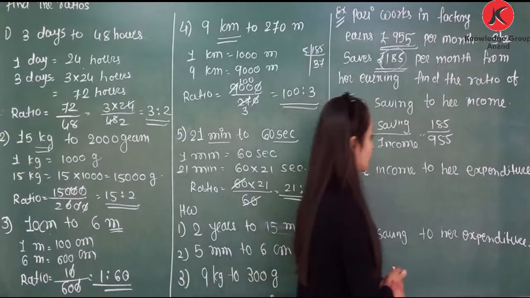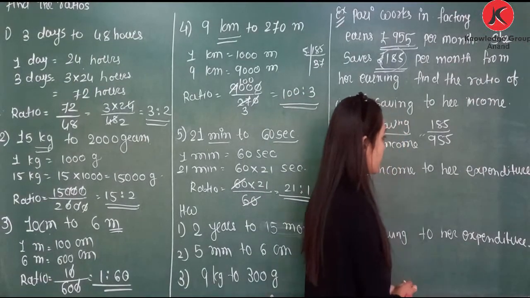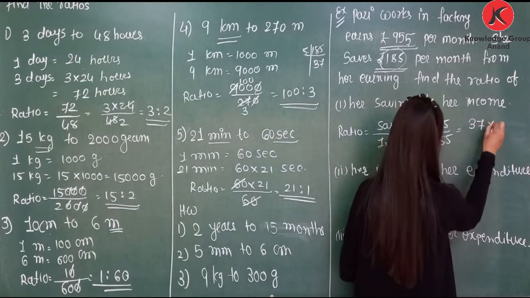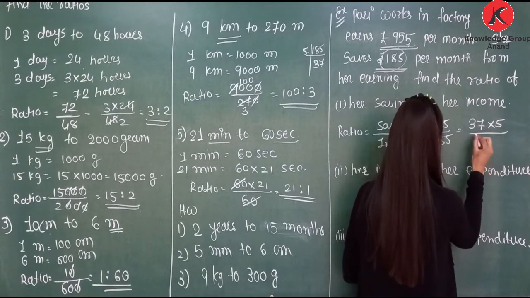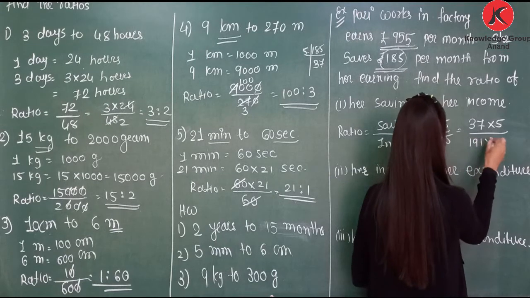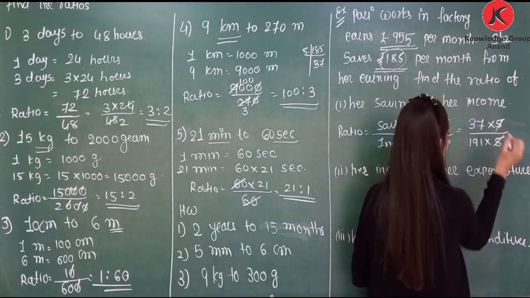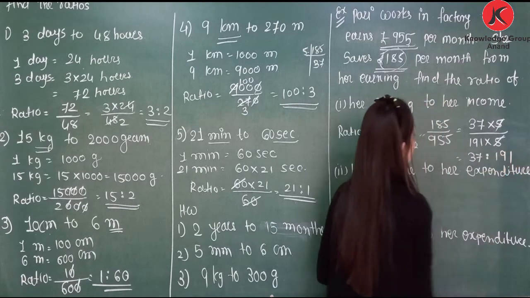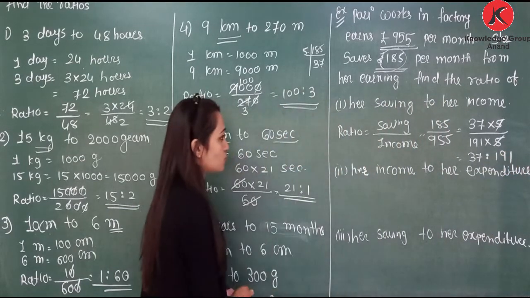So let's find factors of 185 and 955. 185 is 37 multiplied by 5, and 955 is 191 multiplied by 5. So 5 cancels, so it is 37 is to 191. So that is the ratio of savings to income.